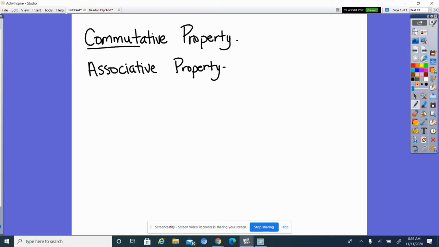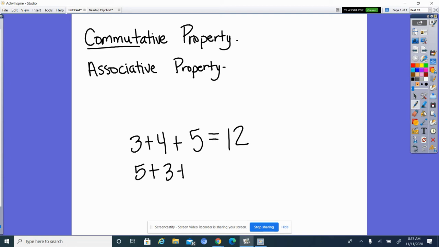Okay, so let's talk about if I did 3 plus 4 plus 5. What does that equal? Okay, 12. What would 5 plus 3 plus 4 equal? Oh. What would 4 plus 5 plus 3 equal?